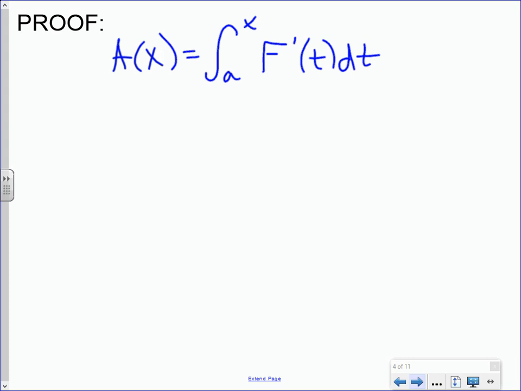let's say we have A of x that equals the integral from a to x of f prime of t dt. Okay? If we derive both sides, remember, you do not need to write this down. If we take the derivative of both sides, we have A prime of x.